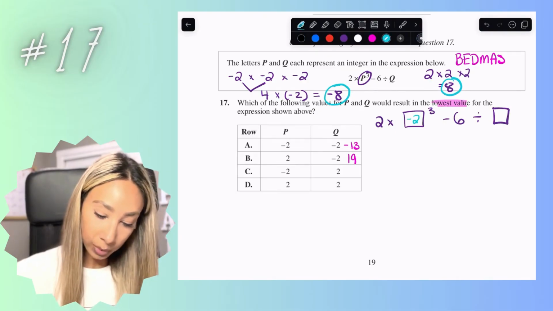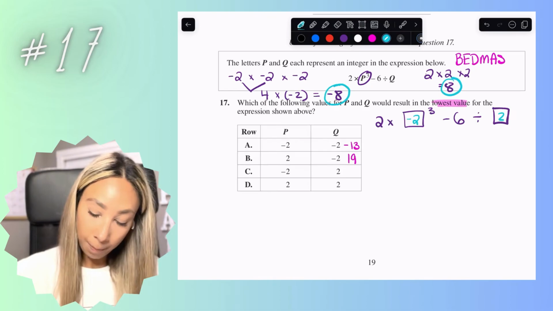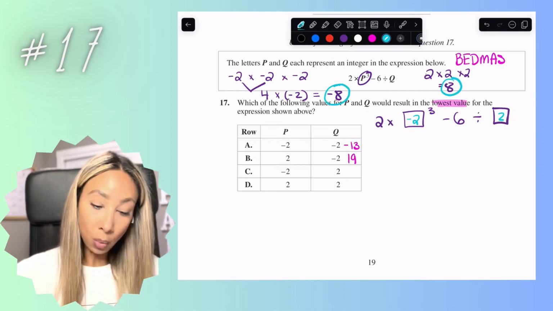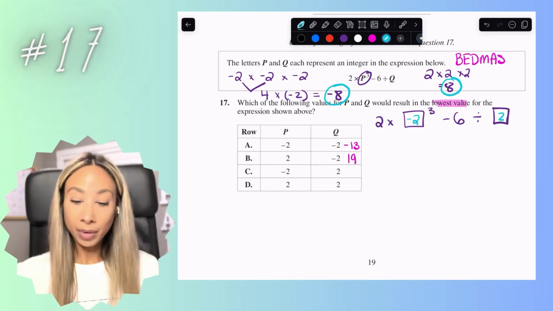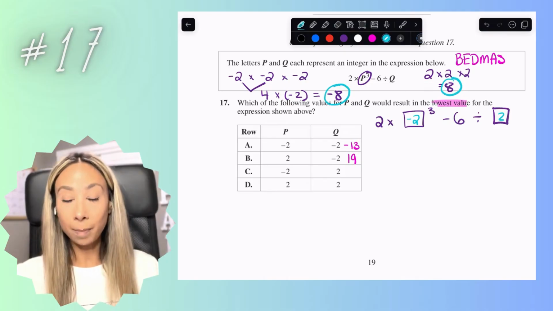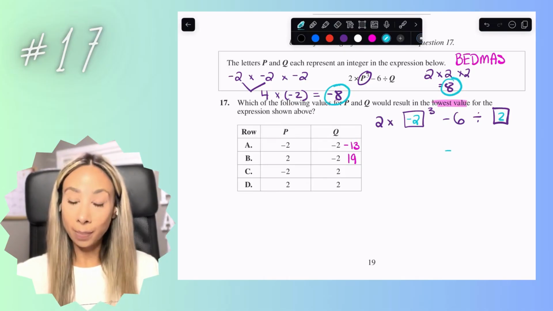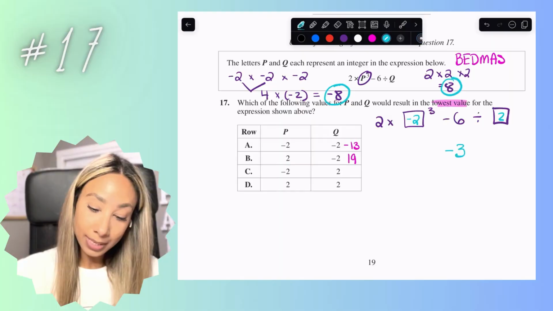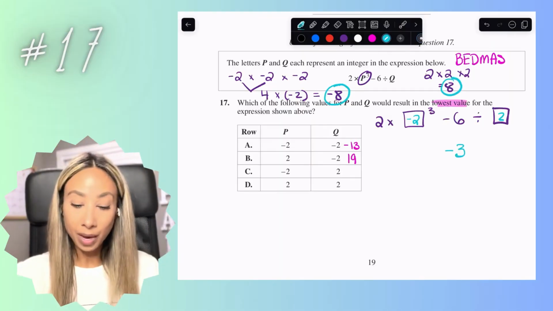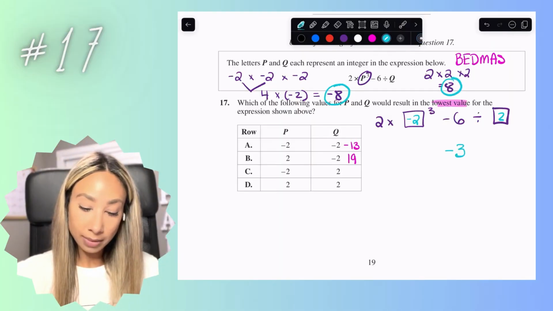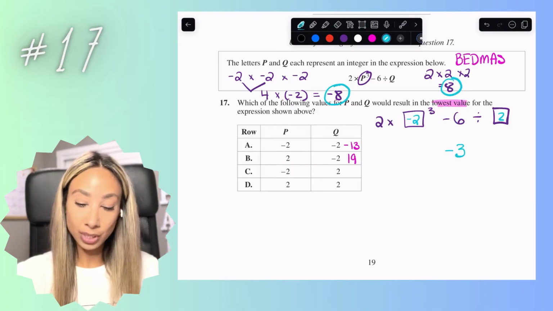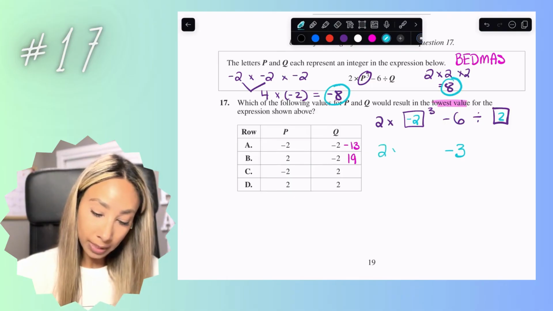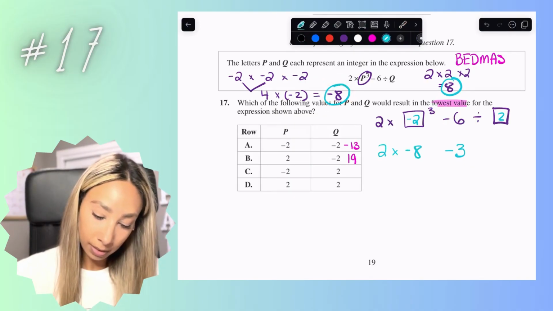So for option C, we're saying negative 2 and positive 2. So we'll start with our division as always. Negative 6 divided by 2. So we're taking a negative, dividing it by a positive. That's going to give us negative 3 this time, okay? And then with our negative 2 to the exponent of 3, if it's a negative base with an exponent of 3, that's going to be negative 8.